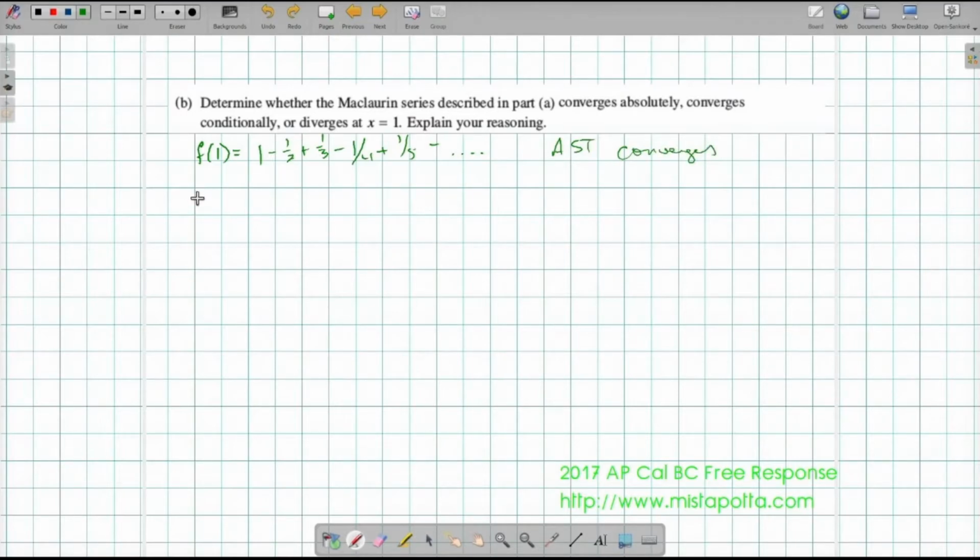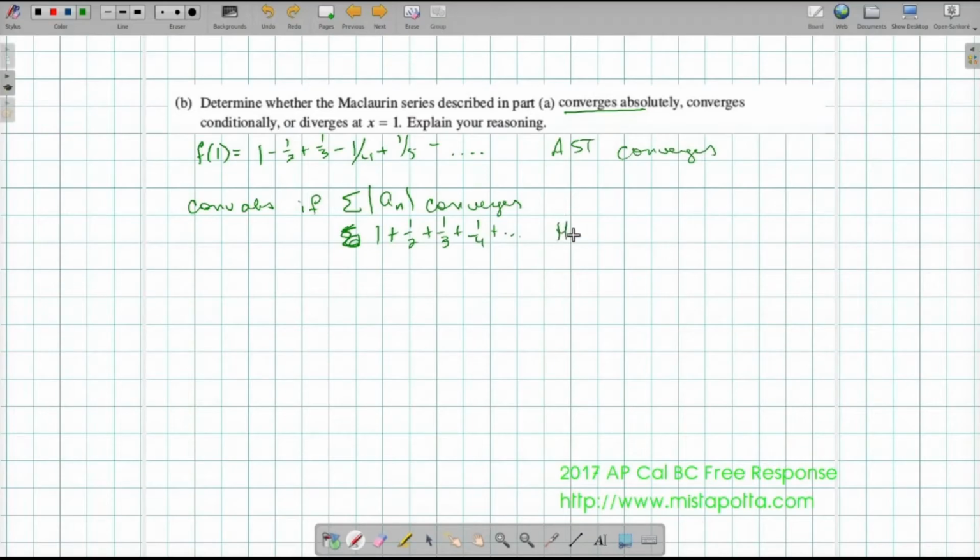But if I want to see if I'm converging absolutely, we converge absolutely if the sum of the absolute value of the terms converges, which doesn't happen because this ends up being the sum of my terms, which is 1 plus a half plus a third plus a fourth.